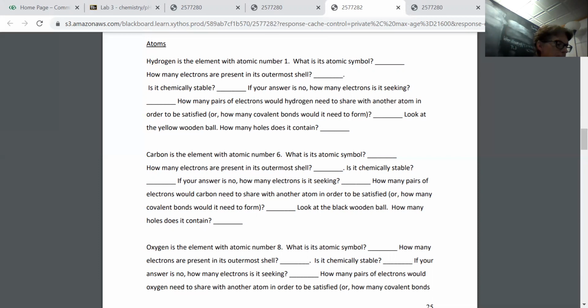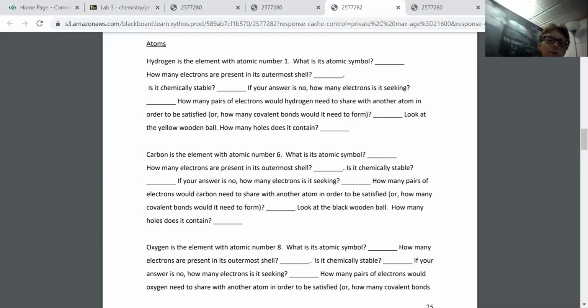It is seeking one more electron, right? That'll make it happy. And how many pairs of electrons would hydrogen need to share with another atom to be satisfied? One. And then it says to look at the yellow wooden ball, which is the one that represents hydrogen, and it had one hole.